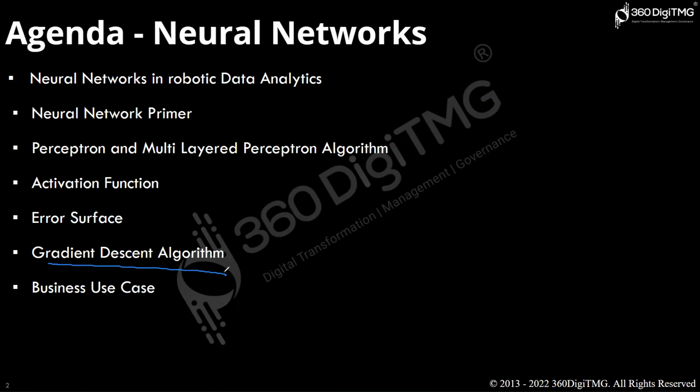So what is this gradient descent algorithm? Gradient descent is an optimization algorithm used for minimizing the cost function in various machine learning algorithms. Gradient descent is an optimization algorithm, guys, that is used for minimizing the cost function.